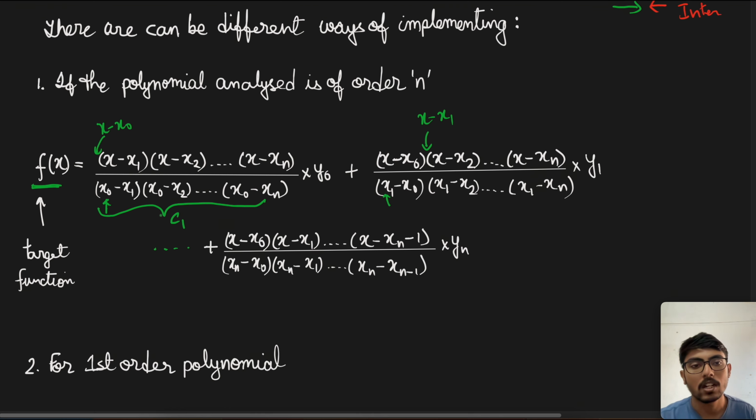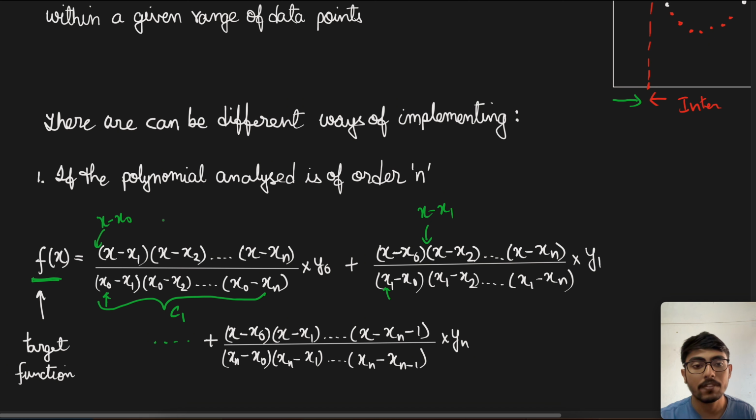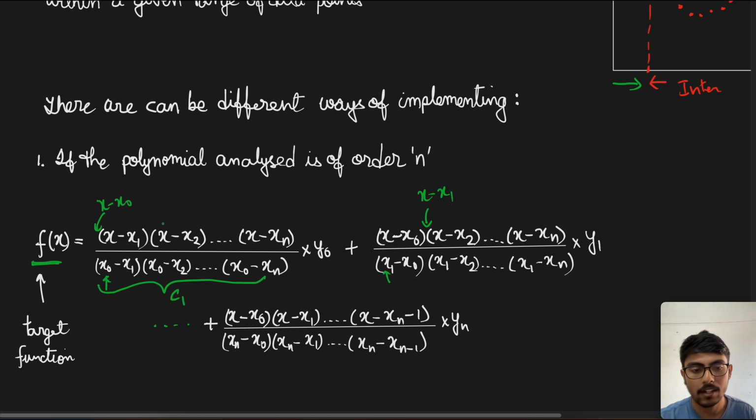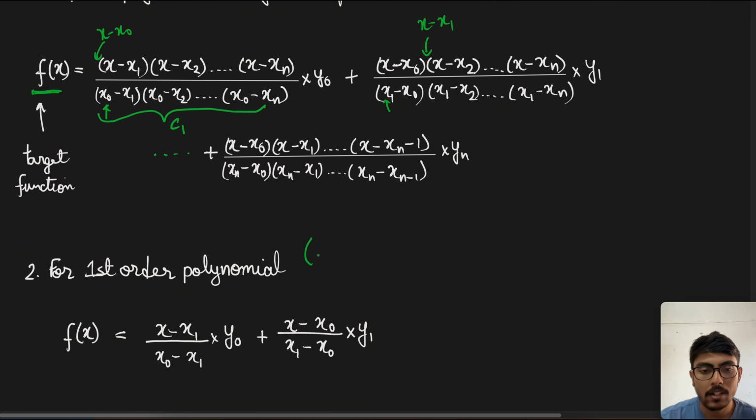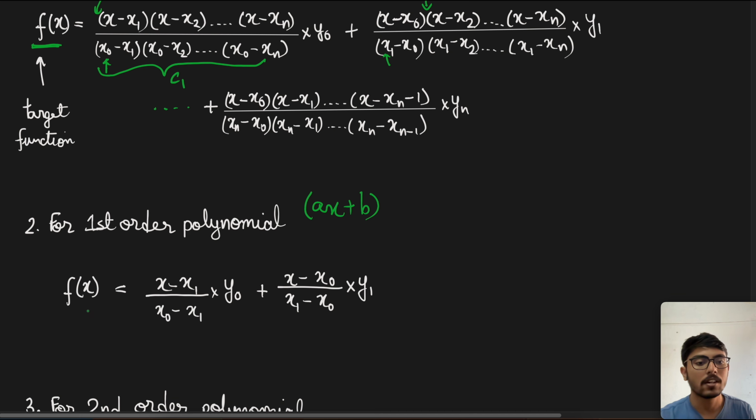This was for if the polynomial is given to be of order n. But if it is of order 1, that is of type ax plus b, then f(x) is equal to x minus x1 over x0 minus x1 times y0, plus x minus x0 over x1 minus x0 times y1.